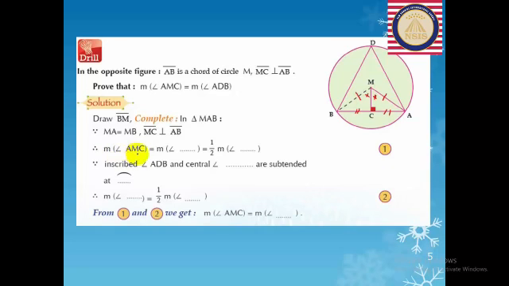Measure of angle AMC equals the measure of angle what? What is the other part here? BMC. BMC, which is half what? Half the whole angle, which is AMB.